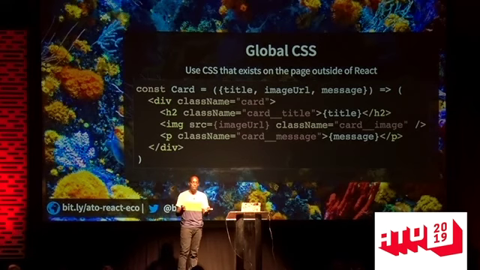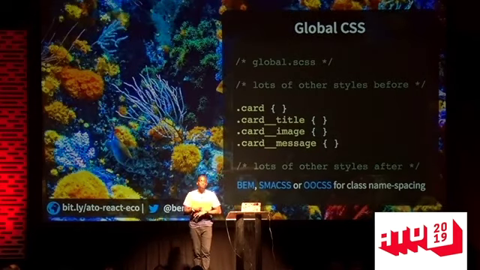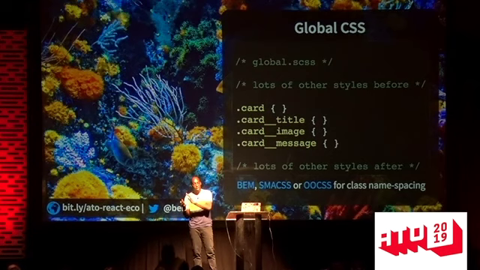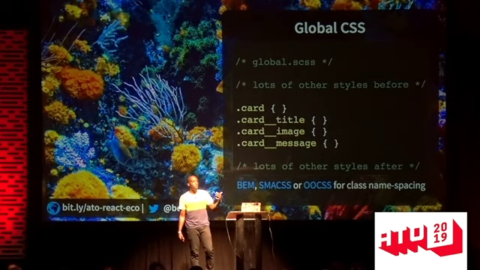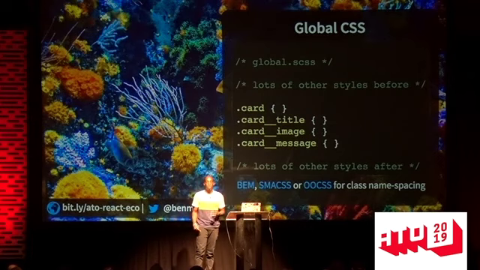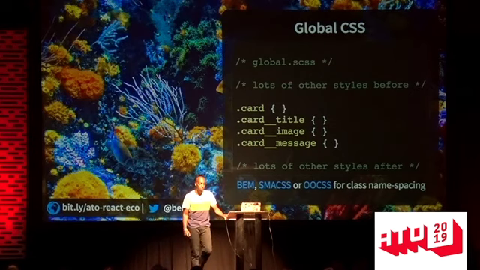So the p tag, for instance, has card__message as the CSS class. And then you would write your CSS in this global CSS separately, that gets bundled separately by something else. And you would likely try to use BEM syntax or OOCSS in order to prevent namespace collisions there, because all the classes are going to be all together.